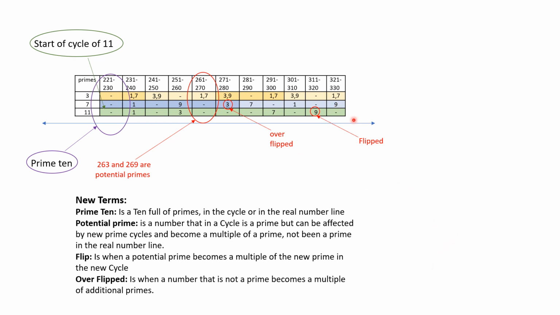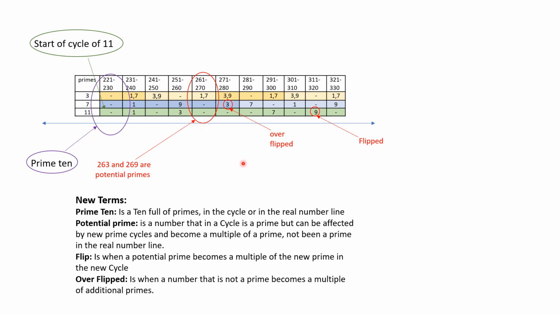I hope you understand. This is called flip because the 9 here was a potential prime number, but then it comes the cycle of 11, and there is now a multiple of 11 that ends in 9, this 10, so the 9 has been flipped. It's not gonna be a prime number anymore. Okay, that's what is called prime. Here, the 9 and the 3, because they are not in the box, they are potential prime numbers.